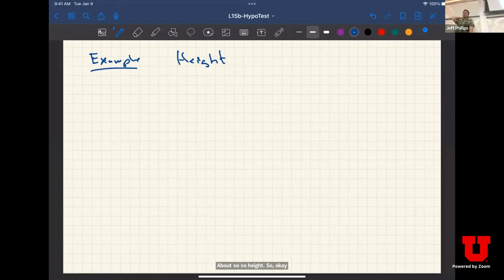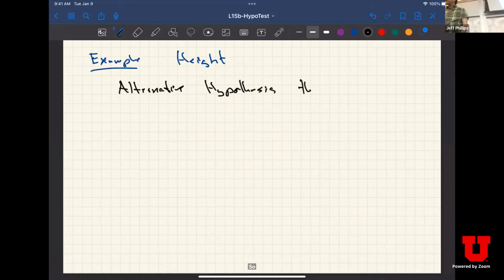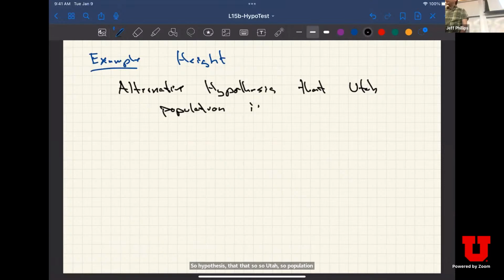Let's look at the heights of the populations in various states, and so I'm going to have an alternative hypothesis that the Utah population is tall.